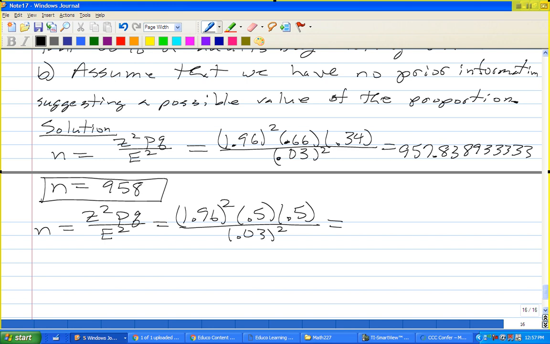So if I do that, I get 1067.1. And so n is equal to 1068. So you notice that even if I don't have an estimate, I can still estimate it by just plugging in half. It'll give me the largest number of possible people I should survey, which actually isn't that much more. So you would ask around 1,000 people.